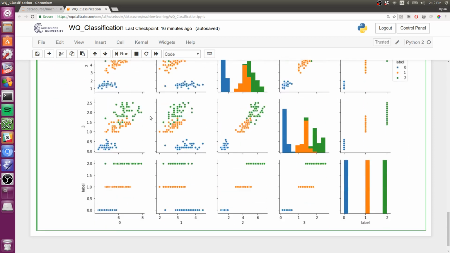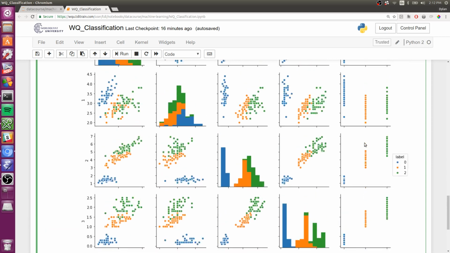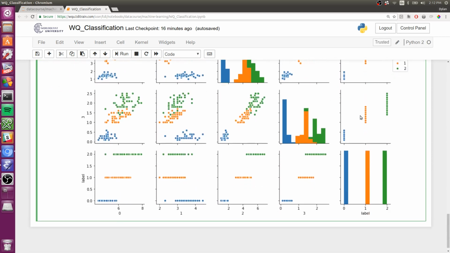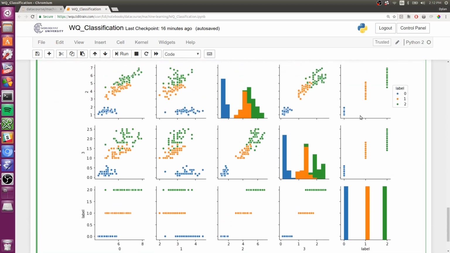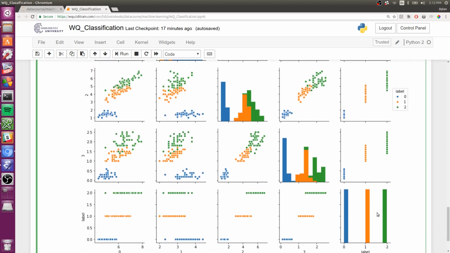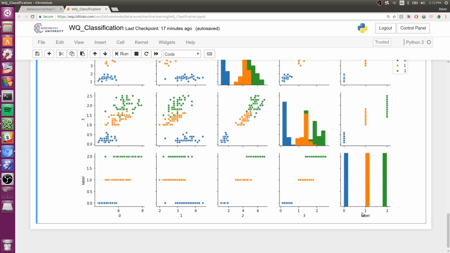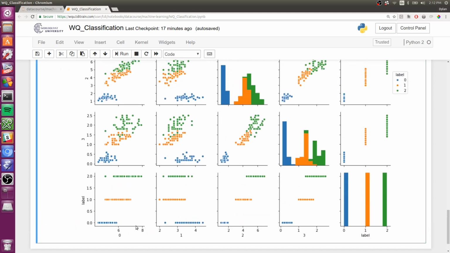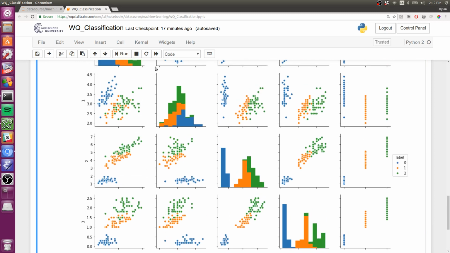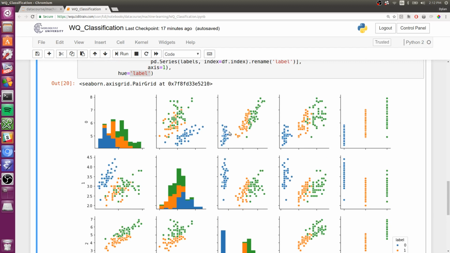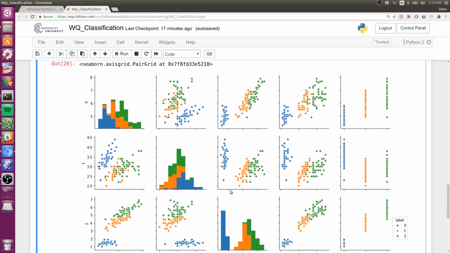Anyway, ignoring this column over here, label, this is not something we can use to make a prediction, right? It's the label itself, or this bottom row. Just focusing on this 4x4 grid, we see that the clusters we had seen before do indeed discriminate between species.